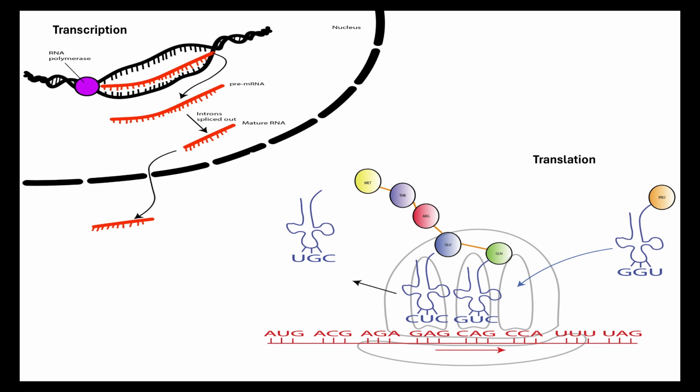And that can leave through the nuclear pores into the cytoplasm, where it will then bind to the ribosomes for translation to occur, where our tRNA will bring along the corresponding amino acid because of the codon being complementary with the anticodon on the tRNA molecule. So if you haven't already done so, do check out my videos on transcription and translation.